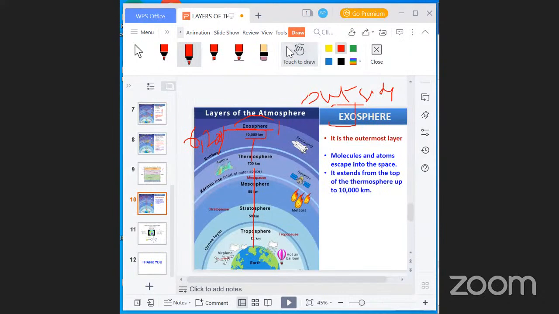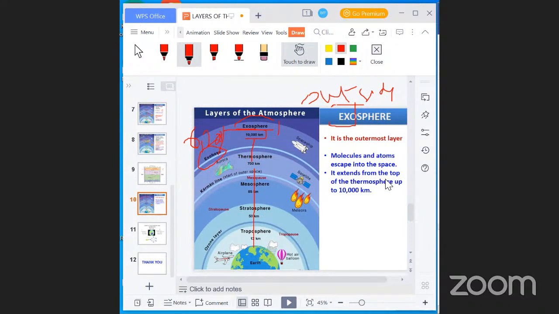So this layer is mainly composed of extremely low densities of hydrogen, helium, and several heavier molecules, including nitrogen, oxygen, and carbon dioxide, closer to the exobase, right?